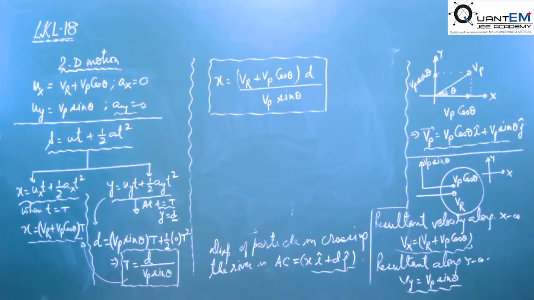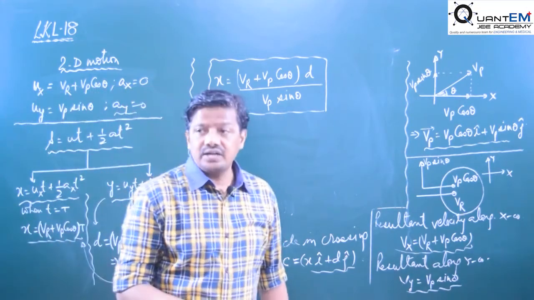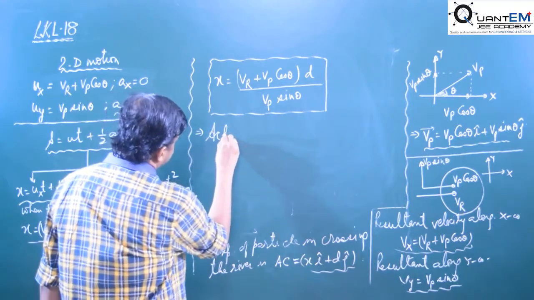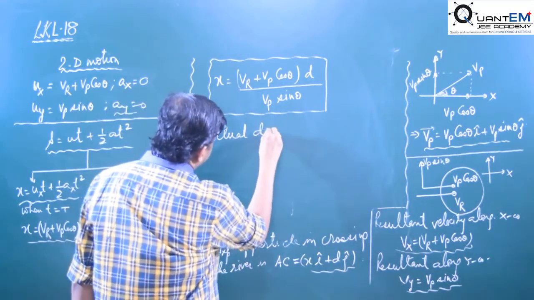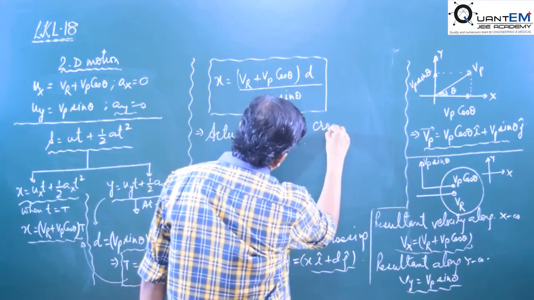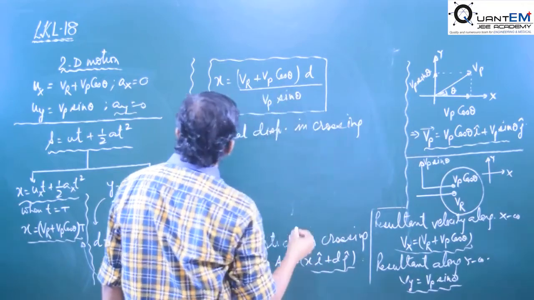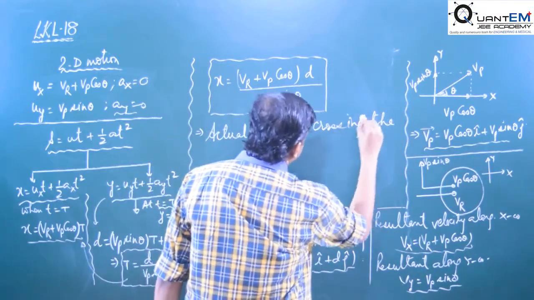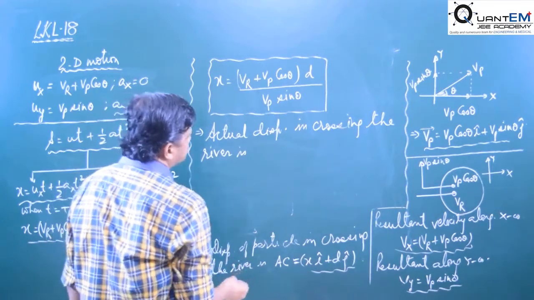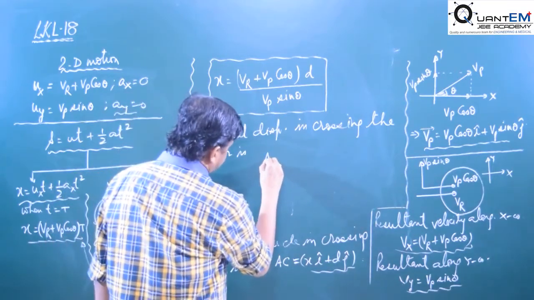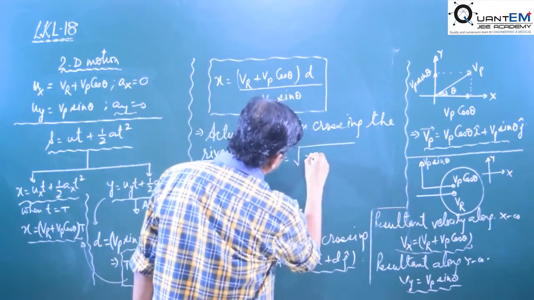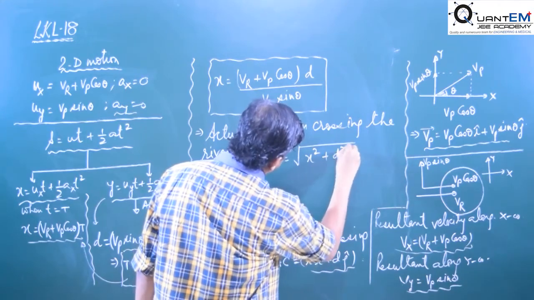Okay, now we may find the actual displacement of the particle in crossing the river. It implies that the actual displacement in crossing the river is AC, okay, that is equal to under root x square plus d square.